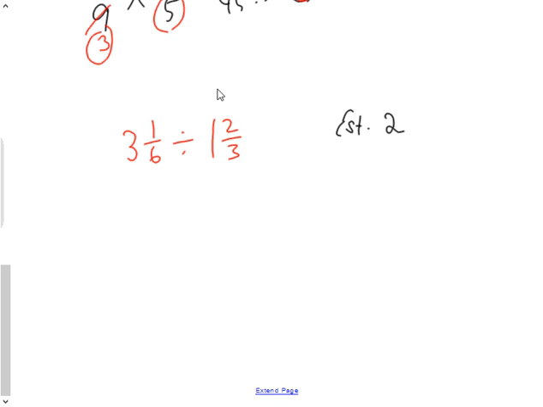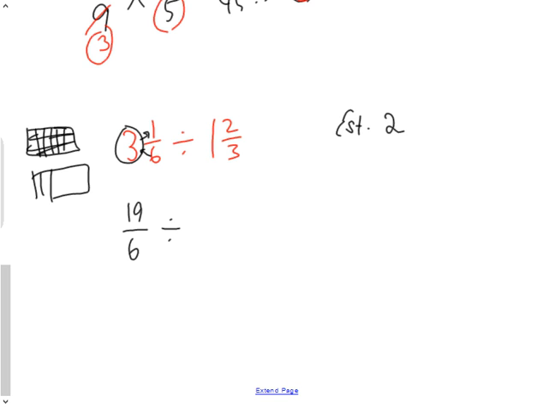Now, if we're going to use the common denominator method, I cannot use mixed fractions. So what I have to do is first start by changing both of these fractions into what we call improper. Now remember, if you ask the method for how to change a mixed fraction improper, of course, this 3 here is really made up of, let me just show you, 1, 2, 3, 4, 5, 6, 6, 1, 2, 3, 4, 5, 6, 6, and 1, 2, 3, 4, 5, 6, 6.